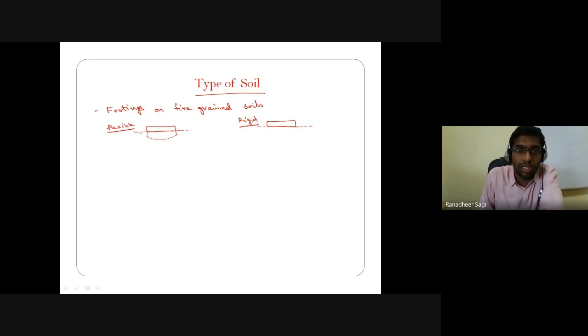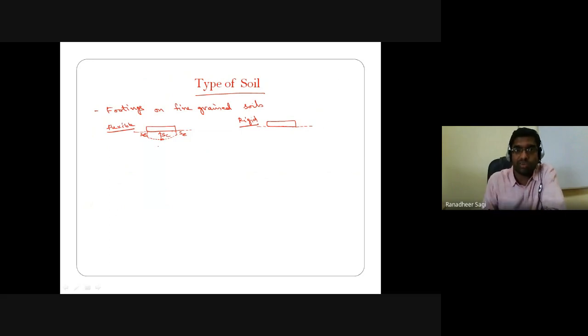Okay, so here this indicates settlement at the corner, and this indicates, okay, let me write it as SE. SE indicates here settlement at the edge of your footing, and this indicates settlement at the center. SC is not representing what is called as consolidation settlement.